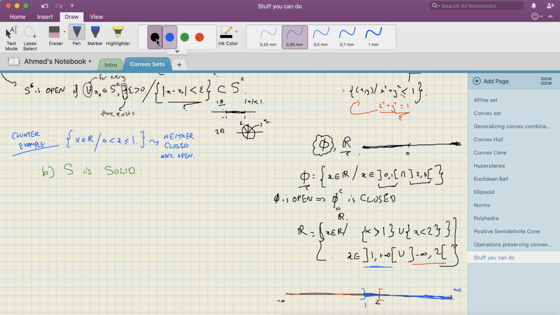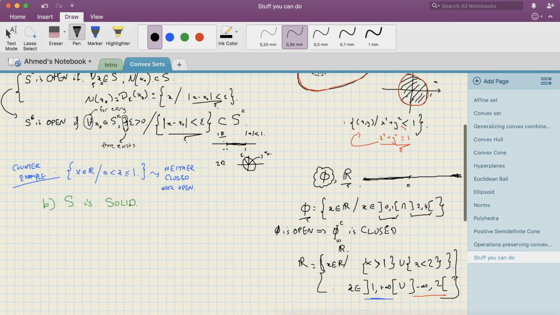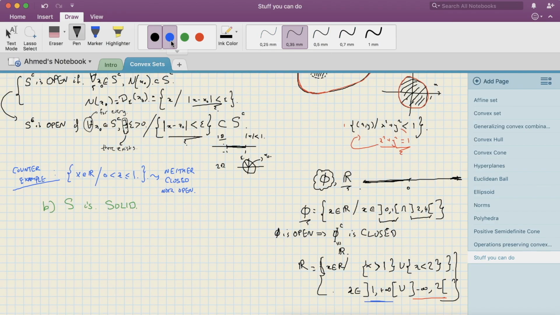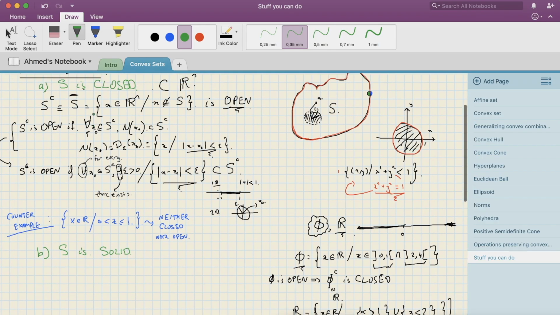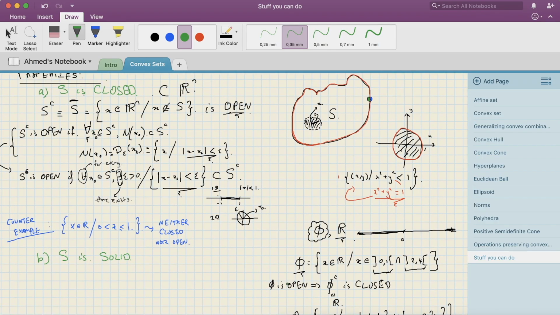Now, going back to the solid thing right here, solid is a set where its interior is not empty. So why did I talk about phi and R? I don't want a set that is just closed, because phi could be closed and is empty. Well, I don't want phi. So to exclude phi, an interior should be non-empty. So everything that is not on the boundary should be non-empty.